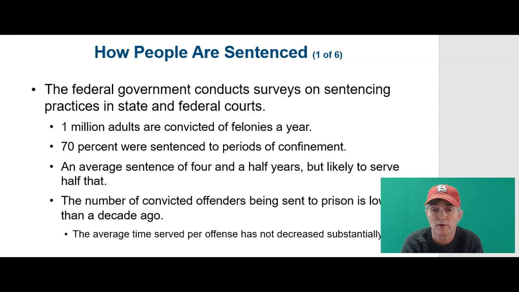So we're going to do some rehabilitation on the front end, and we're going to prevent people from having a long-term stay in a federal penitentiary or a state penitentiary due to any particular offense.